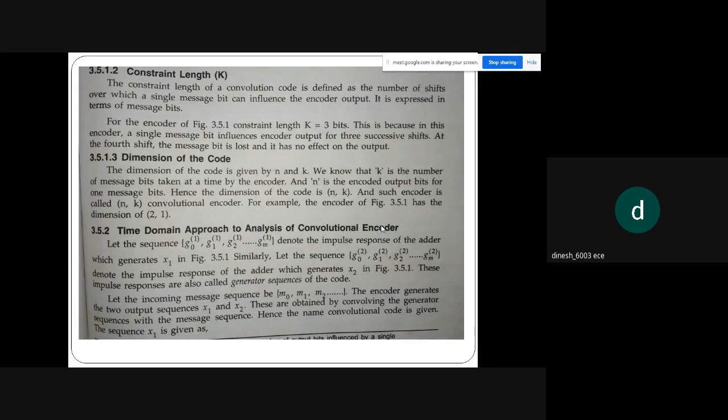The constraint length of a convolution coder is defined as the number of shifts over which a single message bit can influence the encoder output, measured in terms of message bits. For a single message bit to be shifted out, it requires 3 shifts. So the constraint length capital K is 3.